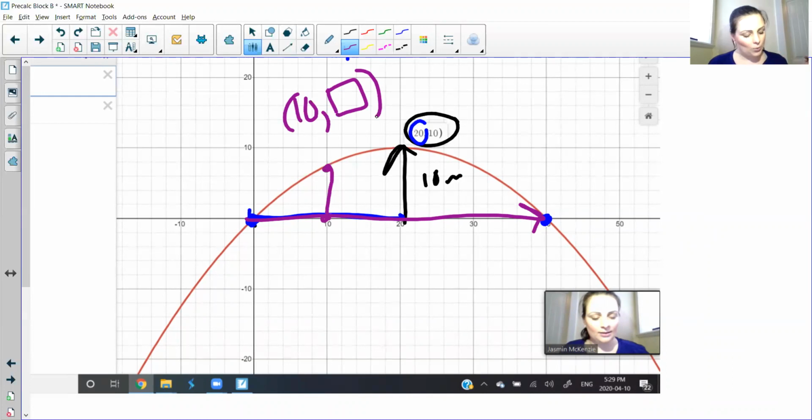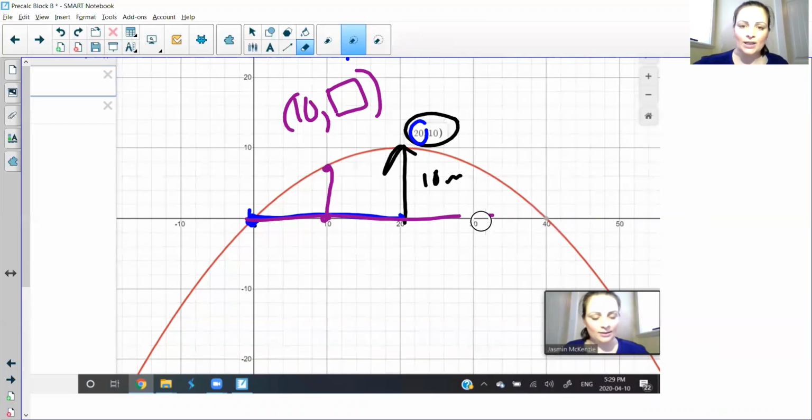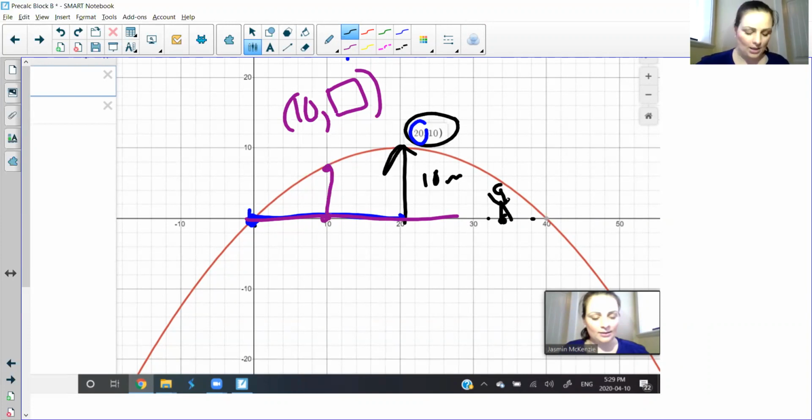And it says, what would an opposing player positioned under the ball, 34 meters, so 34 meters is 1, 2, 3, 4, is right here. Sorry, this is 2, so 34, 6, 8, yeah, it goes up by 2, is right here. Would he be able to head the ball? So could he jump up and head the ball?